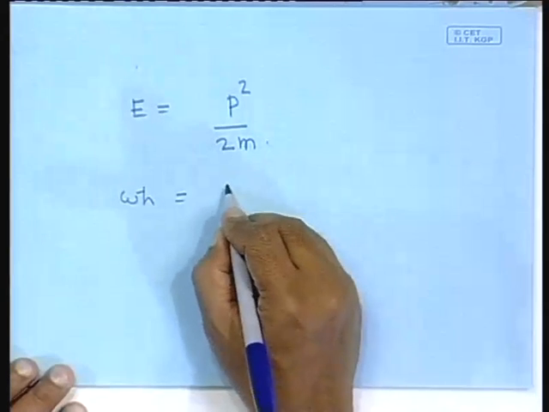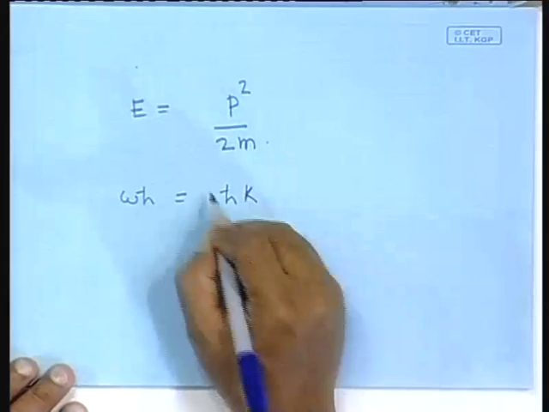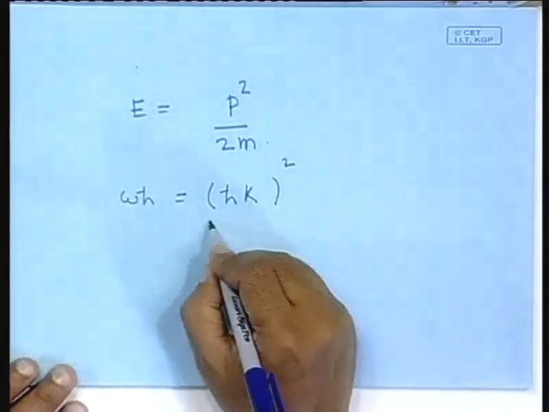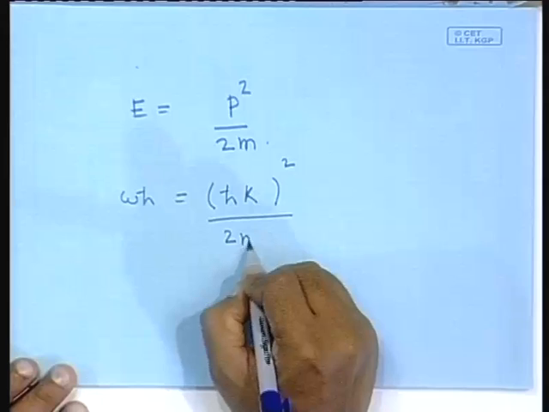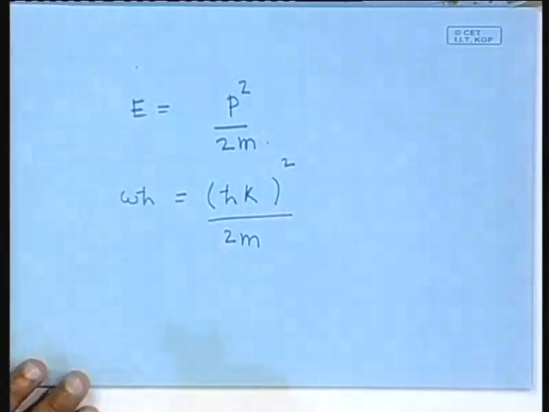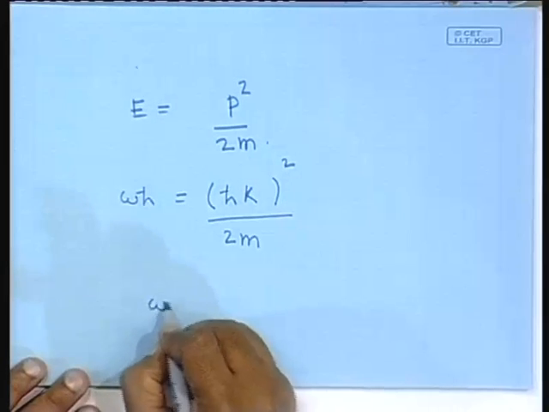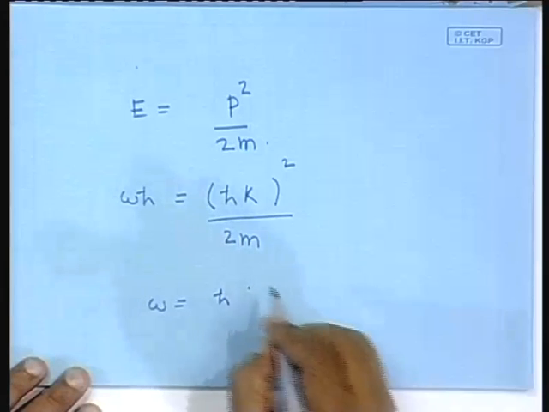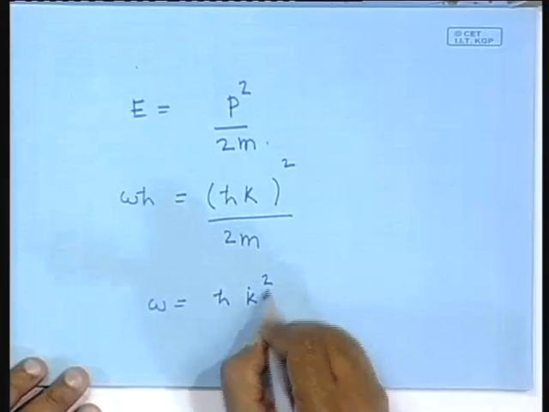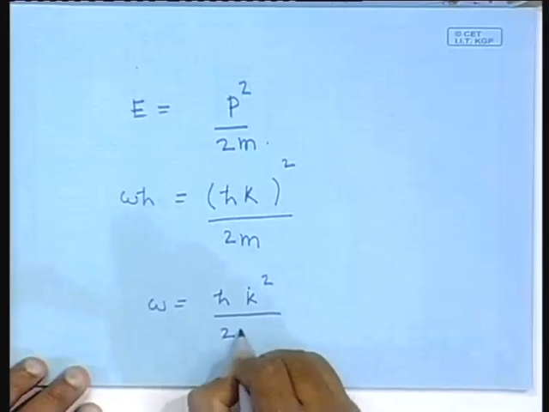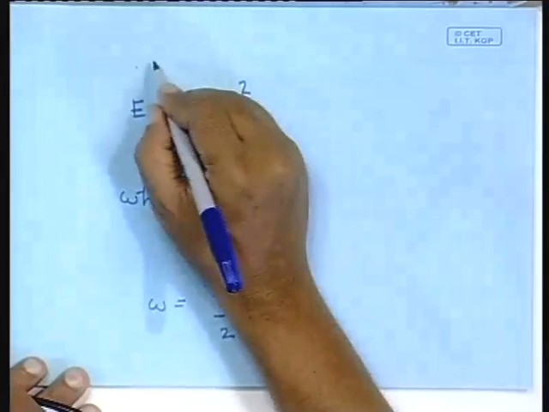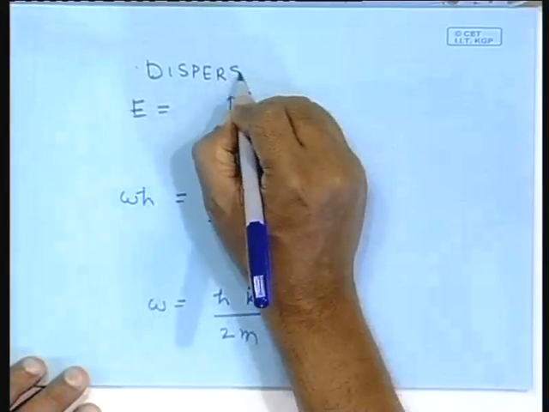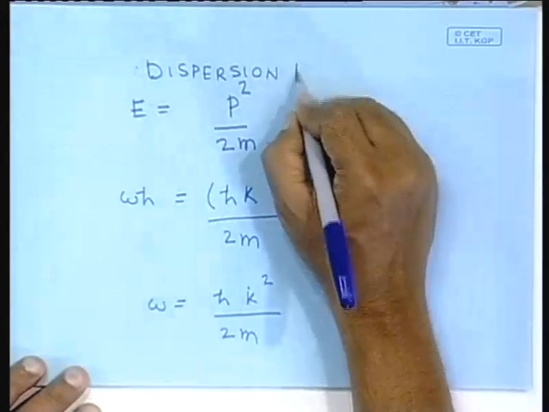The momentum is related to the wave vector as h cross k. So, this is what it tells us, the relation between the energy and the momentum, and it gives us the dispersion relation, that omega h cross is equal to h cross k square by 2m. This is the dispersion relation.